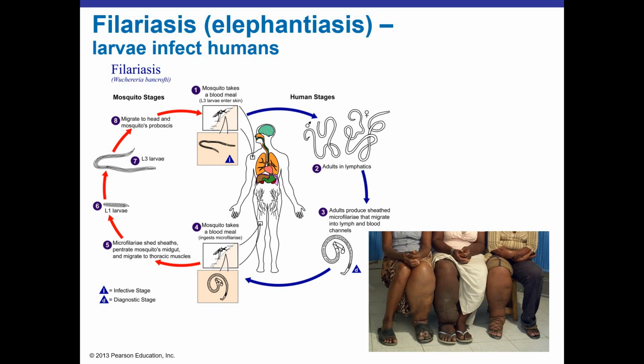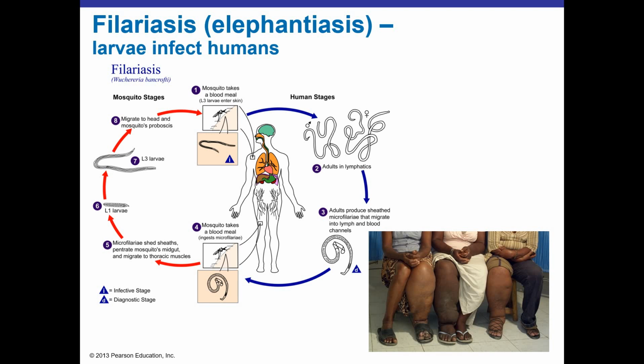Another one that you might be familiar with causes a disease that people often refer to as elephantiasis. That is because the larvae are going to infect humans. We become infected from the mosquito as it takes its blood meal. And then we see the adult stage in humans.